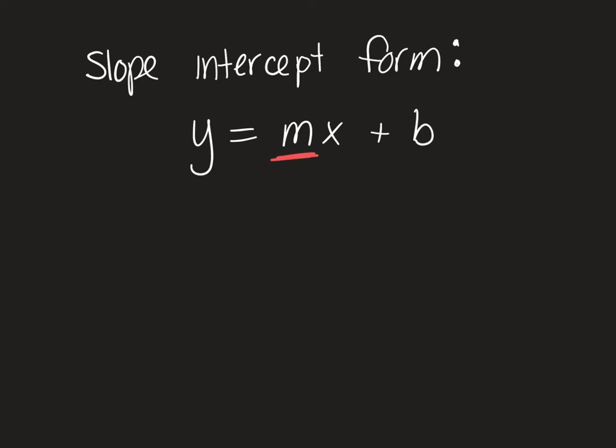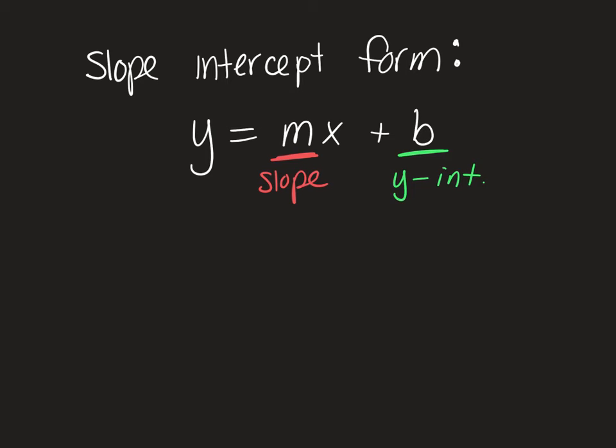Slope, right? So that's our slope. And b is our y-intercept. So then what's the y on the farthest side? That's just the y for the equation, because remember they have two variables. So you have y equals a number, something x plus b.